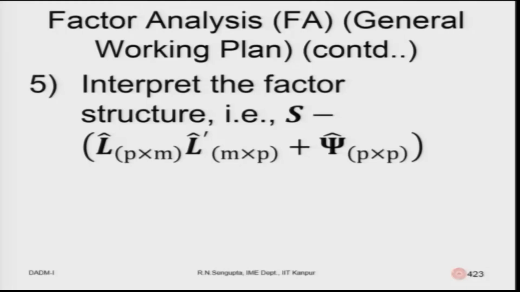So, once we find the factors, we have the variance covariance matrix from the sample, which is S, and from that we will subtract two sets of information.